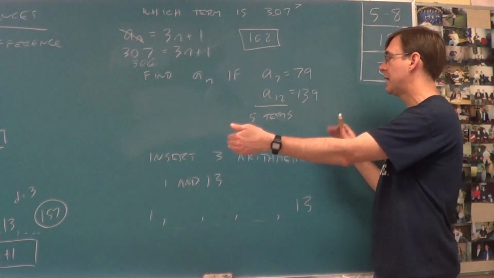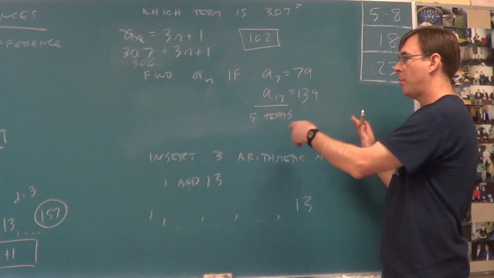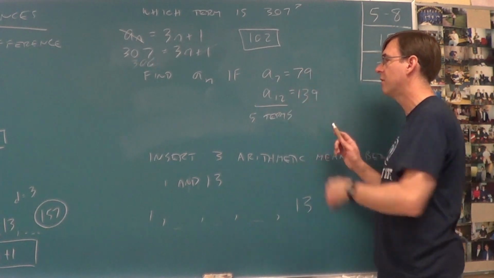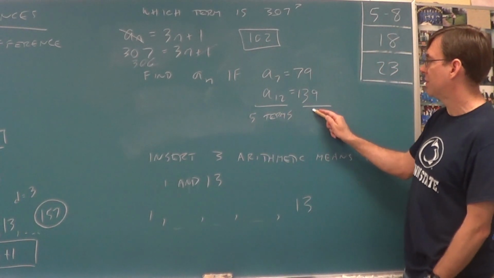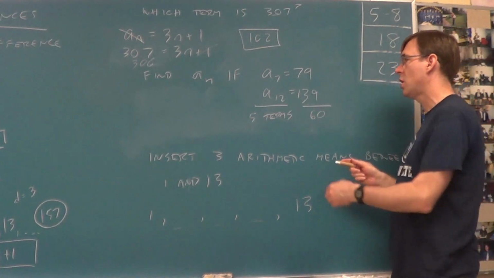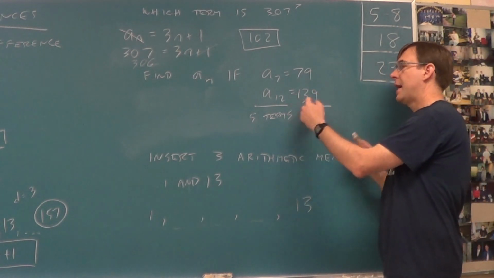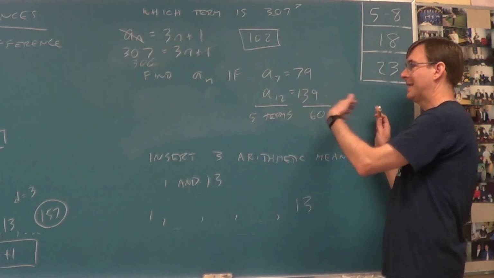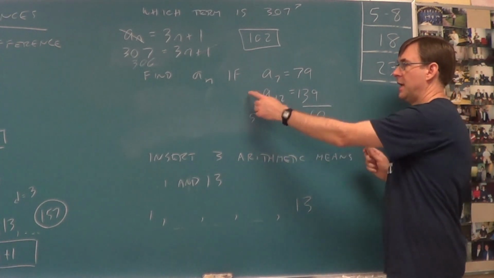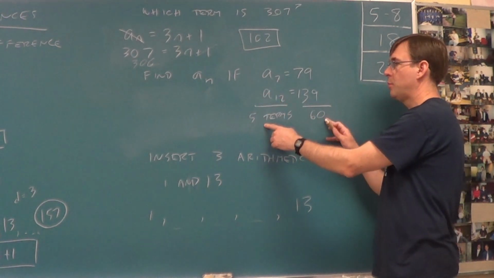7 subtracted from 12, there's 5, a gap of 5 numbers, 5 jumps being made. You can go from 79 to 139, hop, hop, hop, 5 hops would get you covering that distance. You'd also want to subtract these numbers to figure out there's a 60 difference total. As we progress from 79 to 139, think number line spaces, we're covering 60 number line spaces in 5 terms worth of leaping.